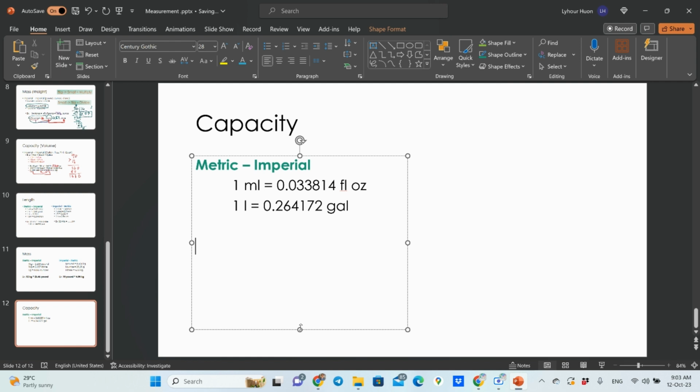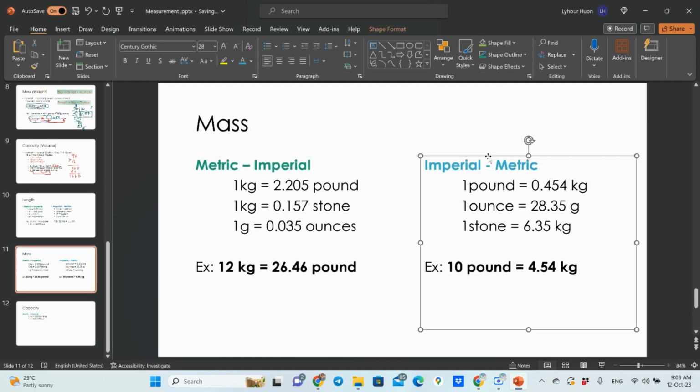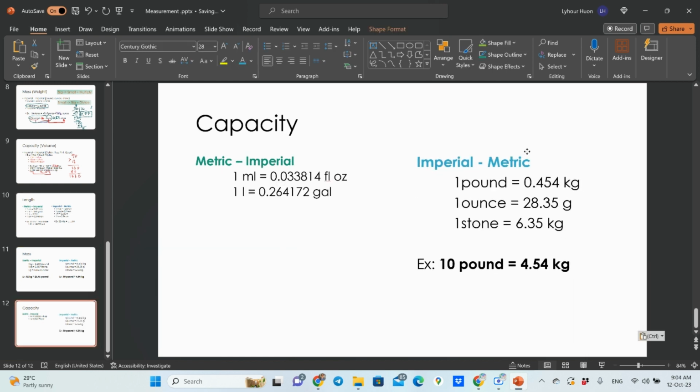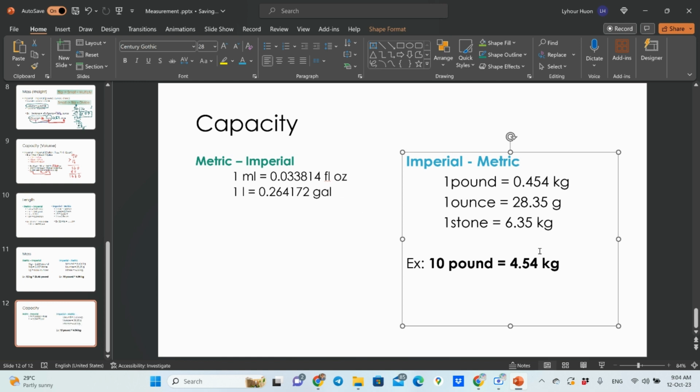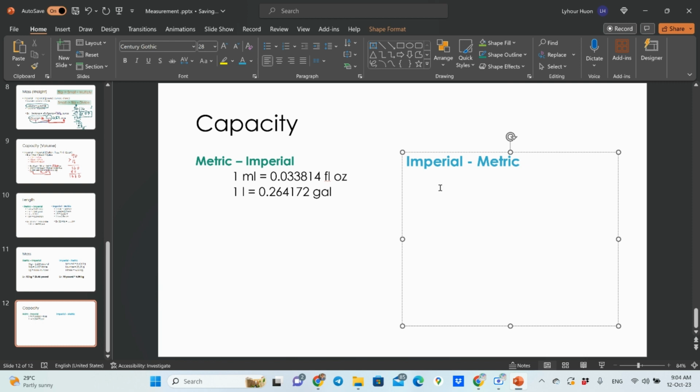Okay, so this is just a note here. And for imperial to metric, 1 fluid ounce equals 29.57353 milliliters.